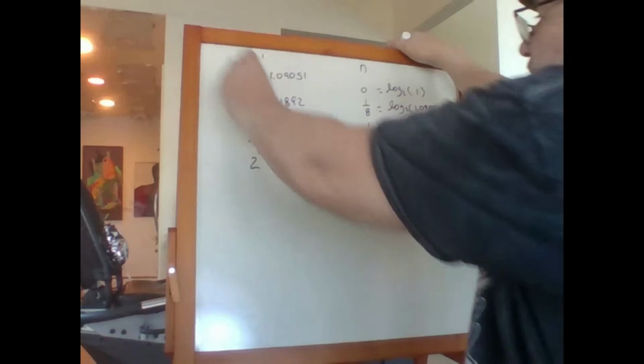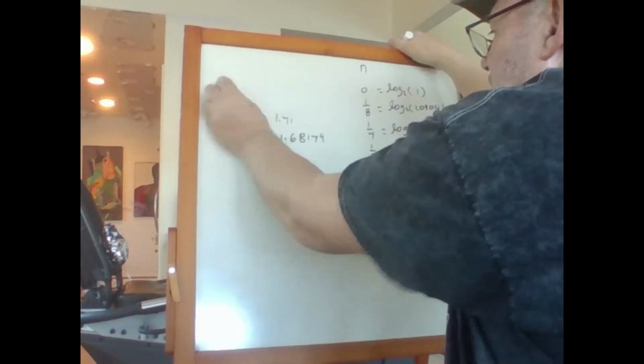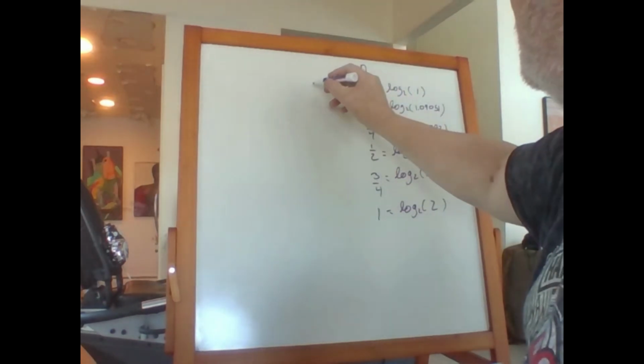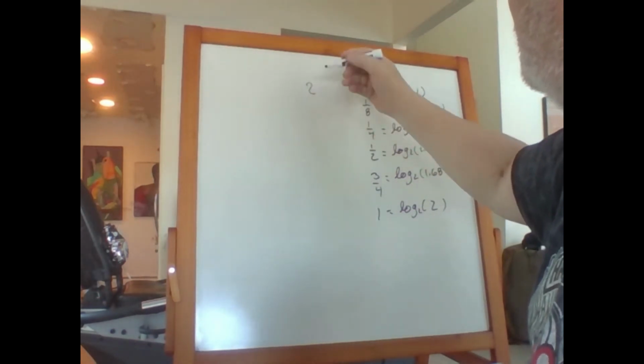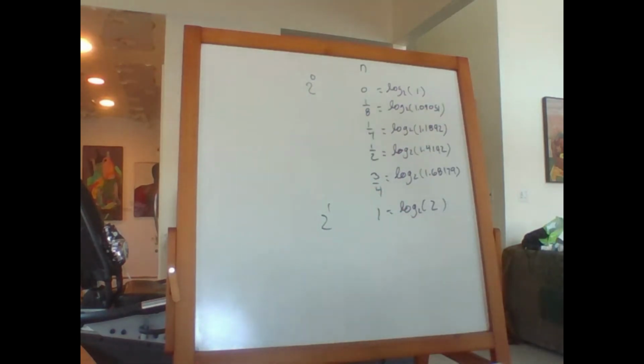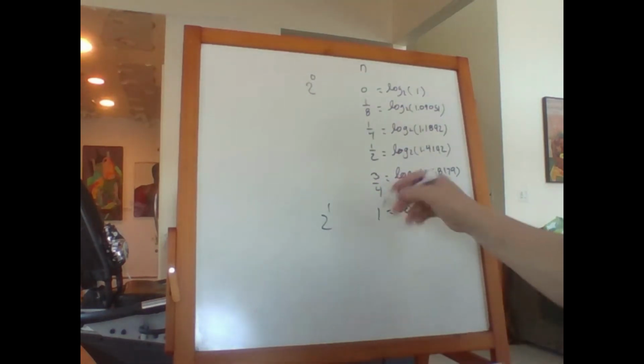So here we've created a table between 2 to the 0 and 2 to the 1. And we can build on that.